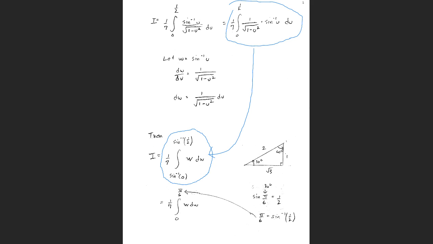And that's an option. So of course the limits are 0 and 0.5. Those are your u limits. And since w is the arcsine of u, the w limits would correspond then to the arcsine of 1/2 for the top limit and the arcsine of 0 for the bottom limit.